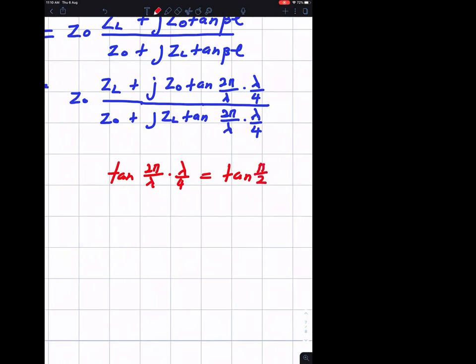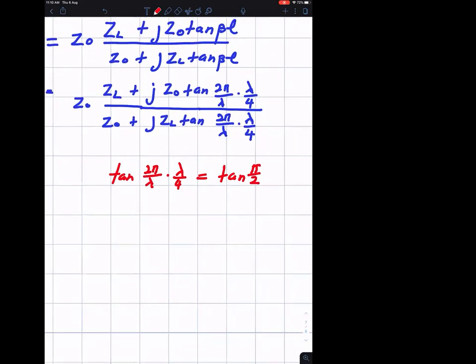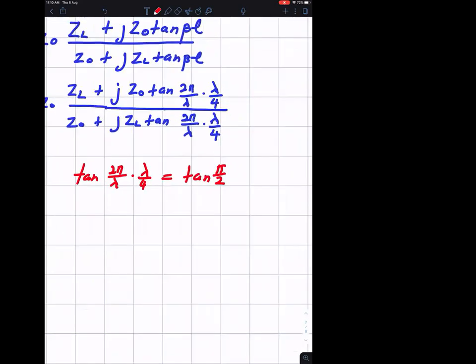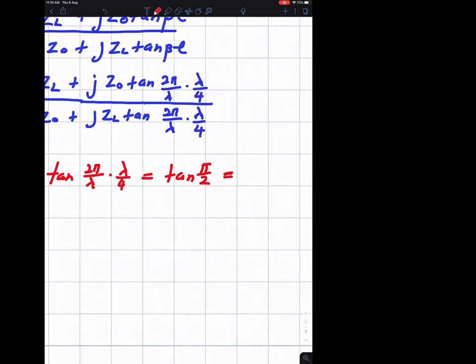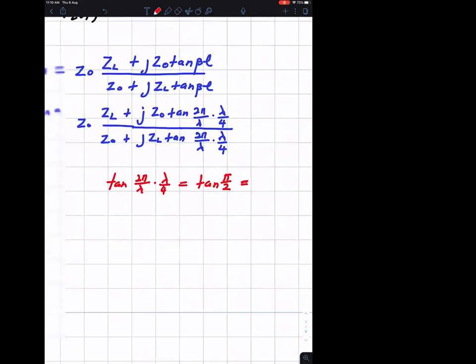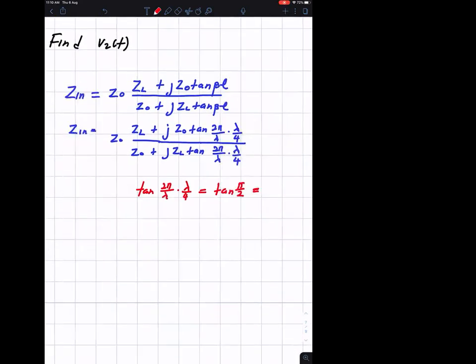I think some of you just woke up, you know. So tangent pi over 2 is equal to what? Tangent pi over 2. 0.027. Are you sure?